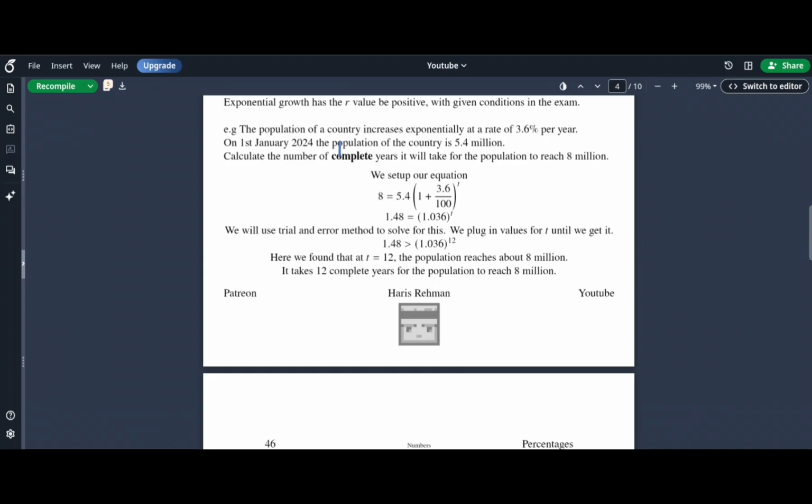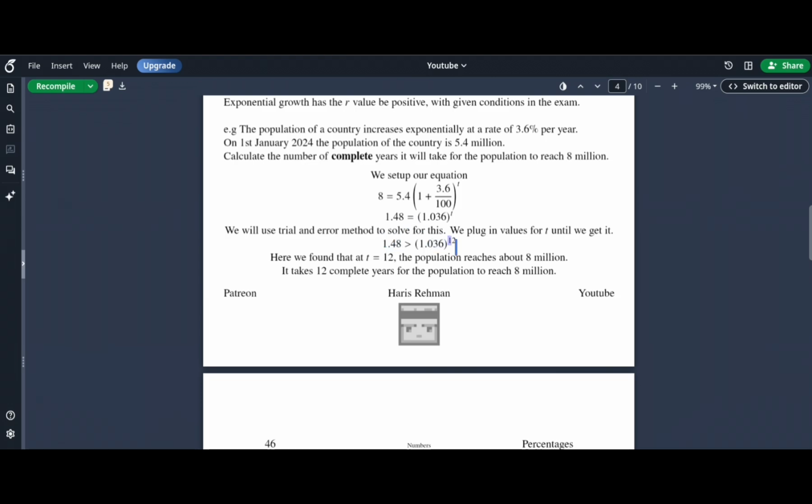We want complete years. We do not work with a fraction of a year. So we will find that after 12 years the population has reached or is a little over 8 million, approximately 8 million. This is the inequality that we show.